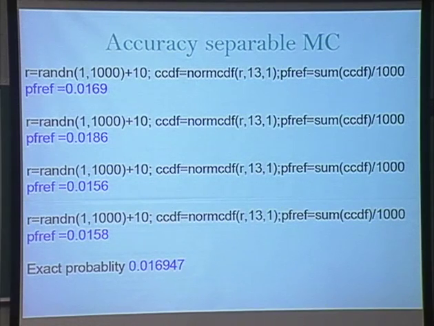The paper shows it also for the separable Monte Carlo simulation for the simple case of uniformly distributed variables. And then it calculates what is the ratio between the number of simulations that you need to use using those two approaches.